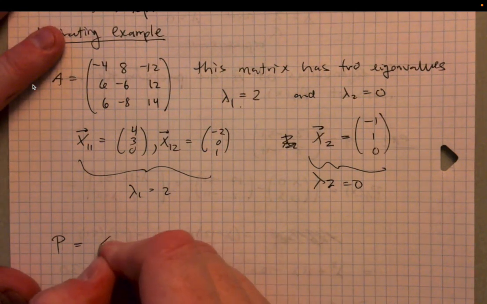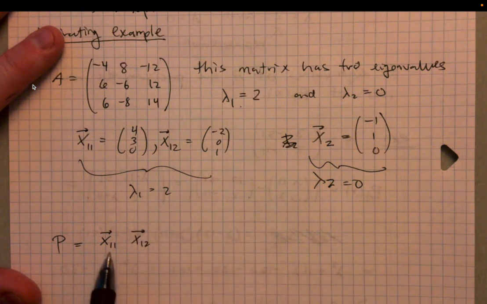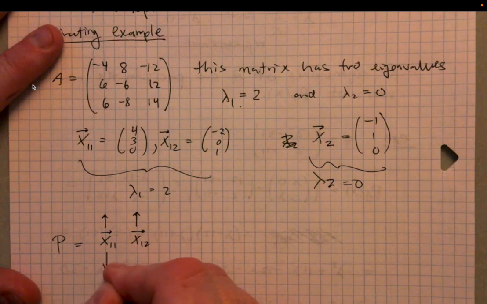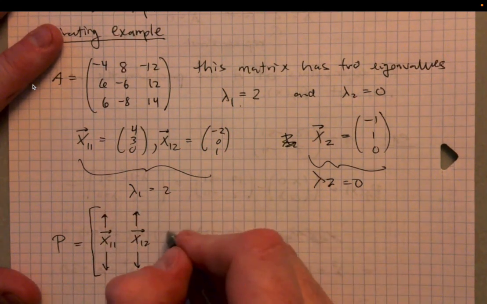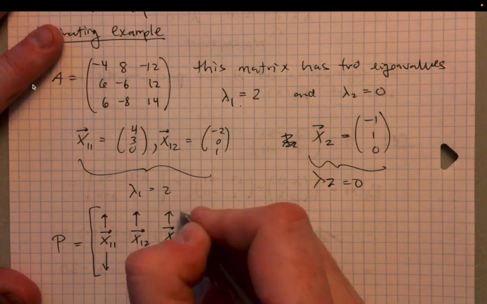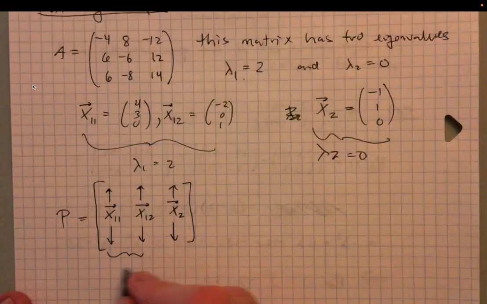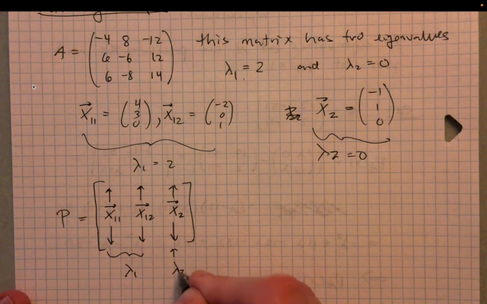And so our matrix P is going to be x11, x12. Those are the two eigenvectors corresponding to λ1, the first two columns of P. And then the last column is going to be x2. So remember, the first two correspond to lambda 1, and this one is lambda 2's eigenvector.